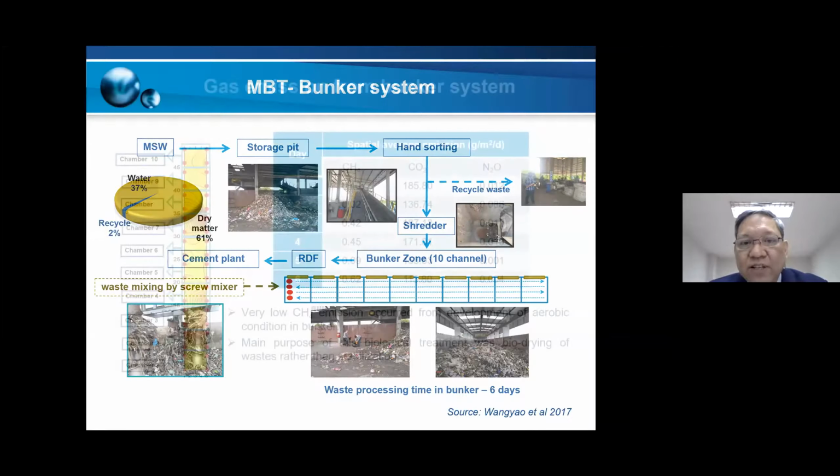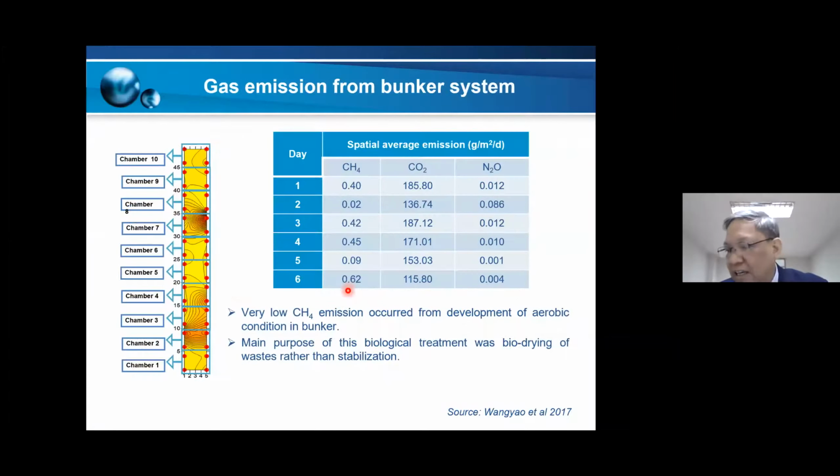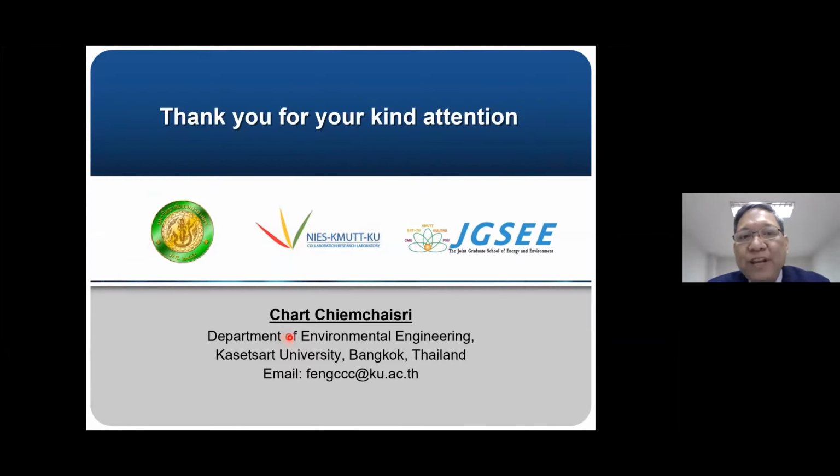That's why it results in very low gas emission. We just try to remove the moisture so that we recover the waste as it is, if possible with a higher caloric value because of lower moisture content. So I think that briefly explains our experience with waste stabilization in Thailand.